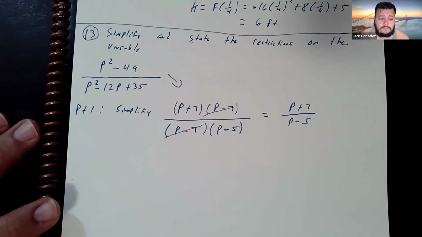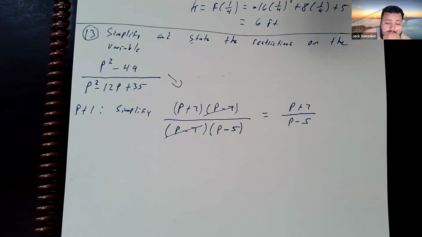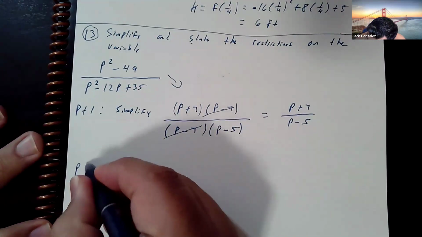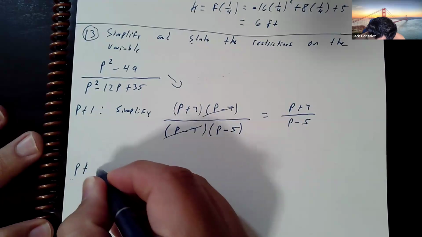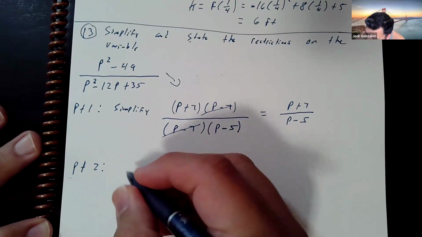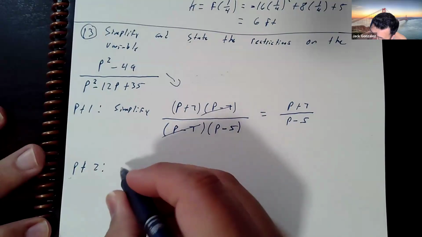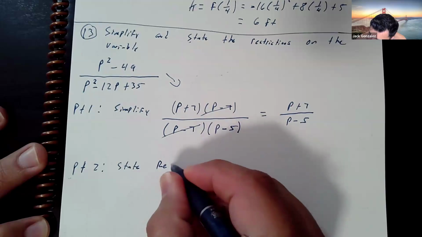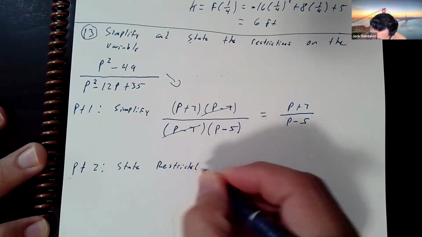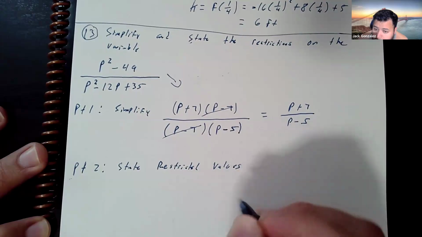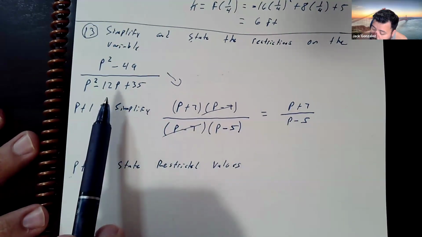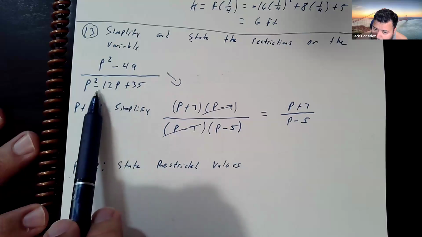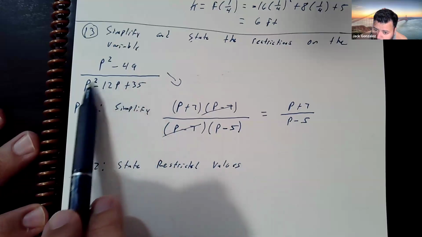But now that it's in this form, well, part two was restricted values. So this factors the trinomial, right?